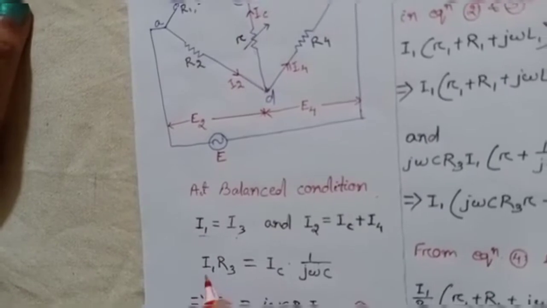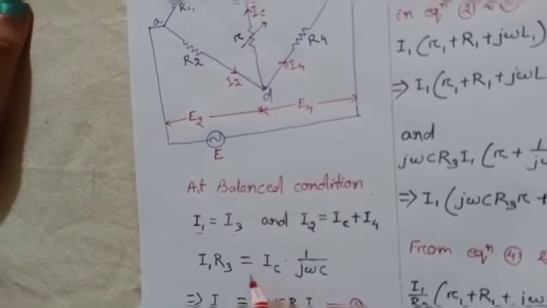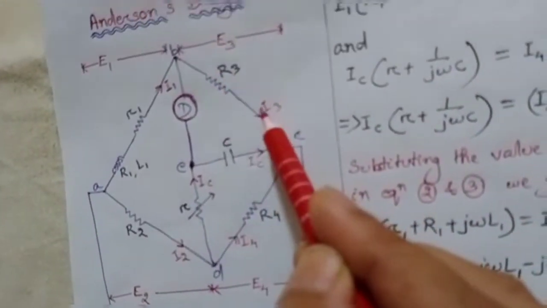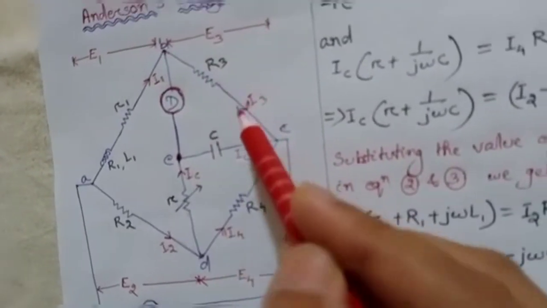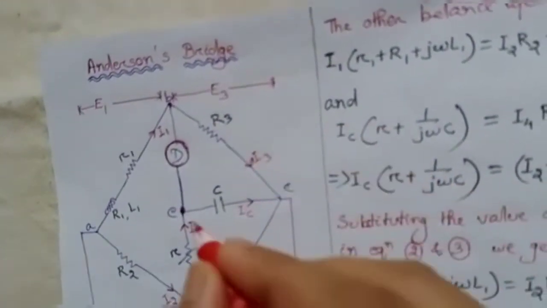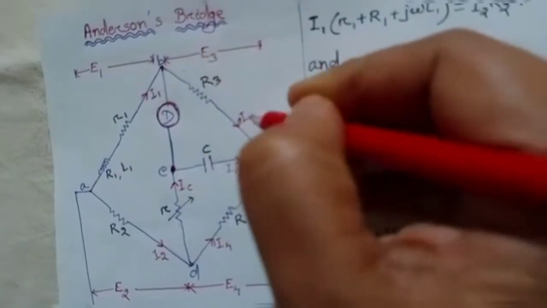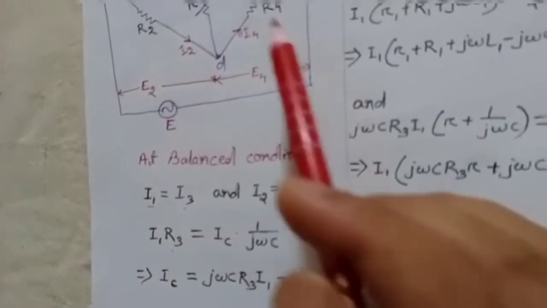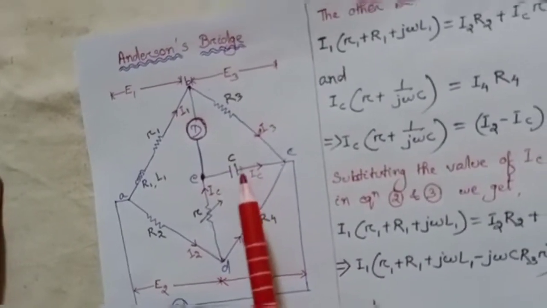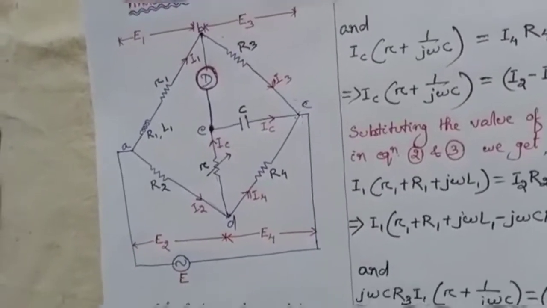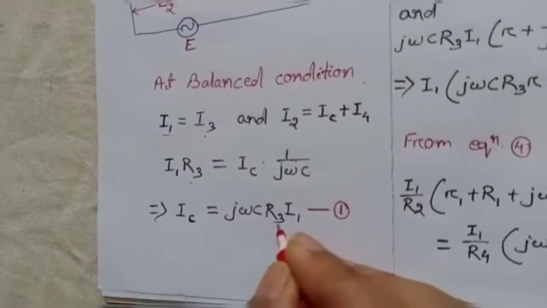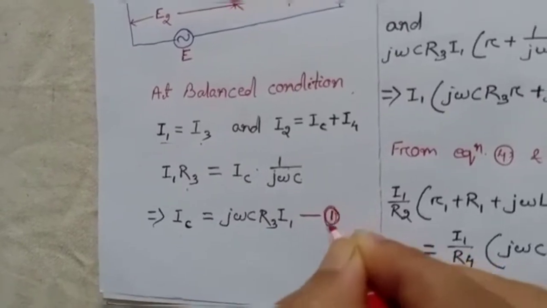Then I1 into R3 is equal to IC into 1 by j omega C. At balance, I3 is the same as I1, and the potential of B to C is equal to the potential of E to C. The potential of B to C is I1 into R3, and the potential of E to C is IC into its capacitive reactance, 1 by j omega C. From this we find IC is equal to j omega C R3 into I1. This is equation number 1.